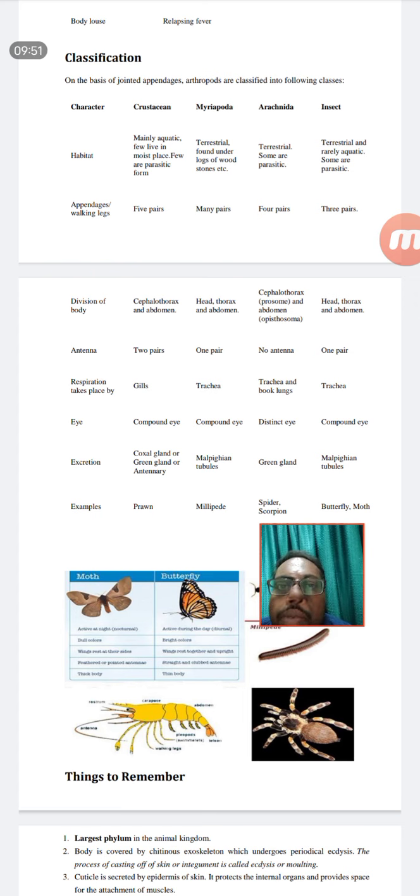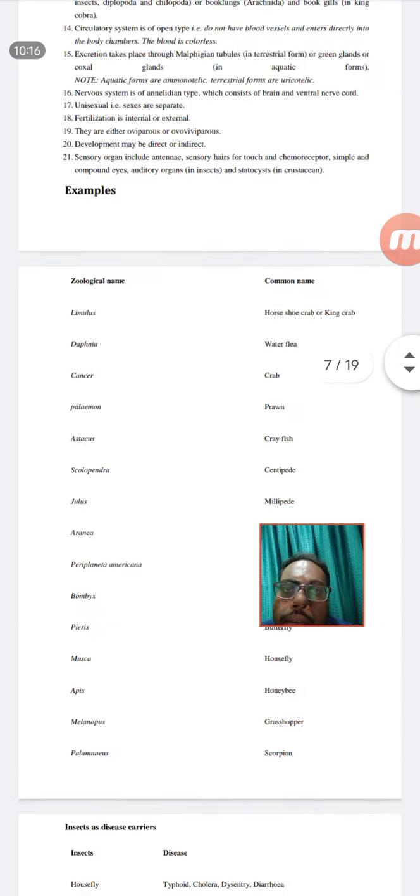So these types of questions are asked, so better you go through this classification also. And for spiders and scorpions, what is their excretory gland, whether they have trachea or which type of lungs they have. These questions are asked, so better you go through the classification also, but you have to give more importance to the upper things.